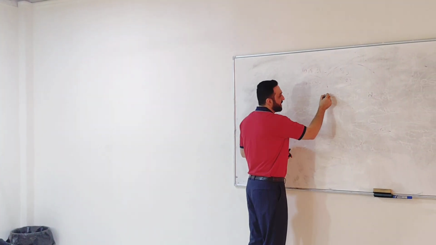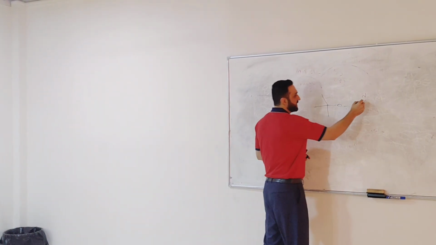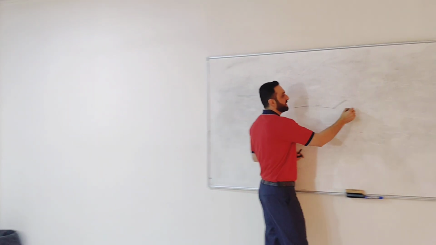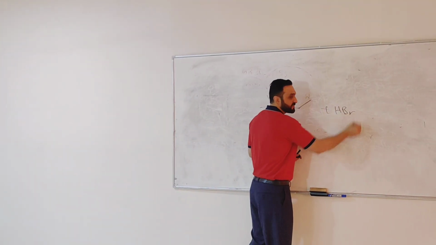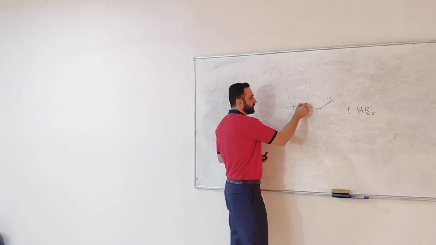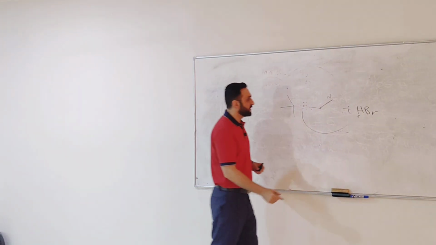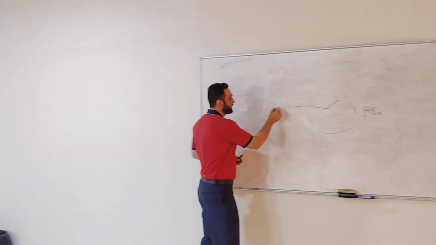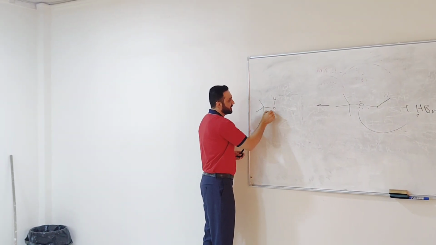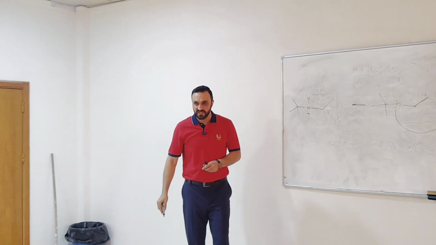If you have an ether like this, for example, the first step is reaction with HBr. The oxygen has two lone pairs, so it takes a proton from the acid to give this compound with a positive charge on the oxygen.